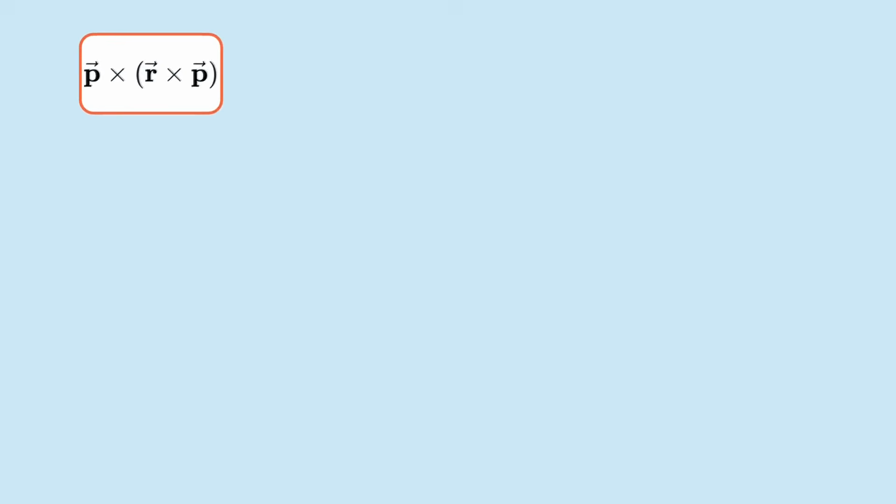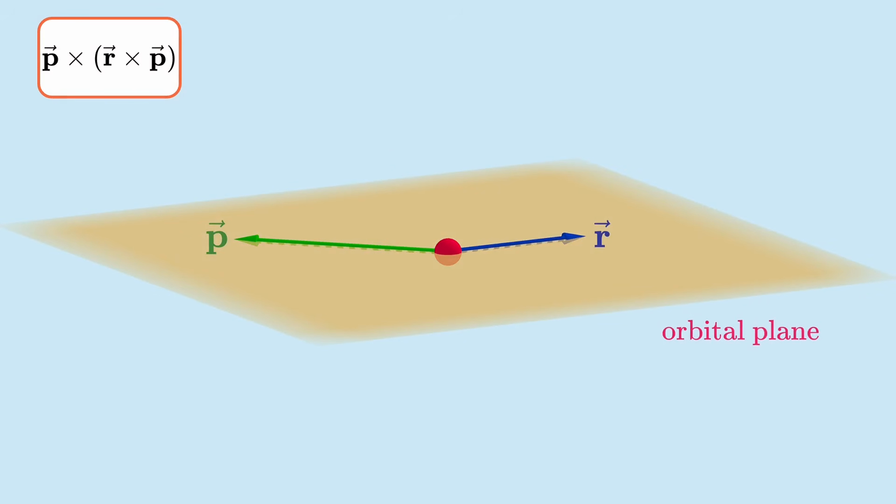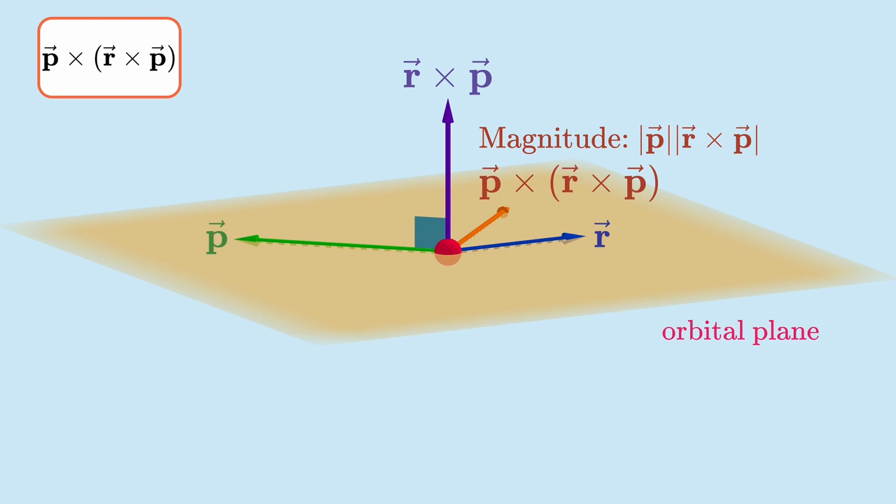This time, we start from the cross product. Suppose the position r and momentum p are in this configuration. We know they both lie on the orbital plane, and the cross product points upward according to the right-hand rule. This upward vector is perpendicular to p, so when we cross p with it, the magnitude is just the product of the magnitudes of p and r cross p, and the direction is perpendicular to p on the orbital plane.